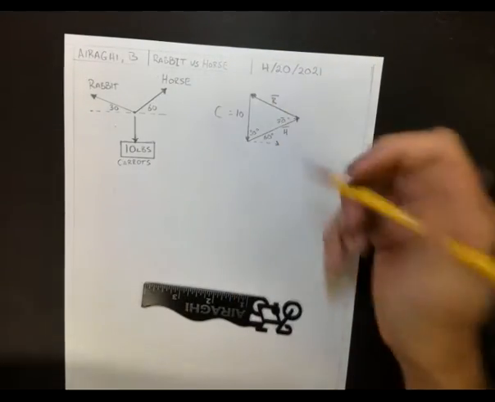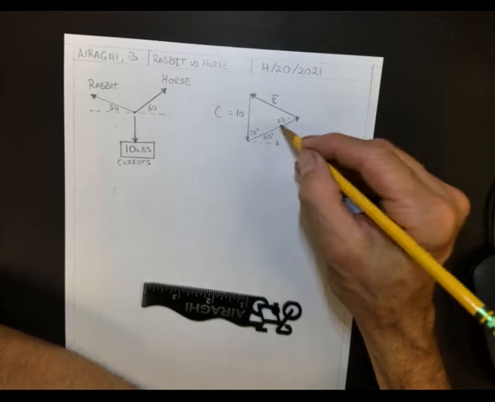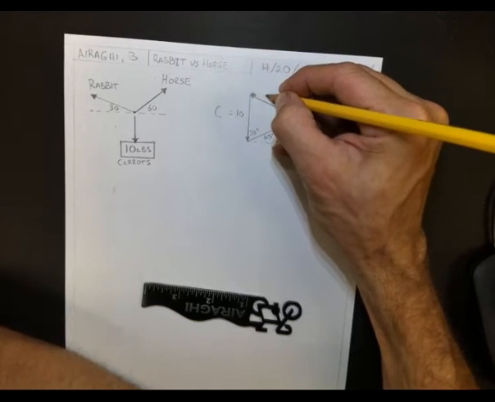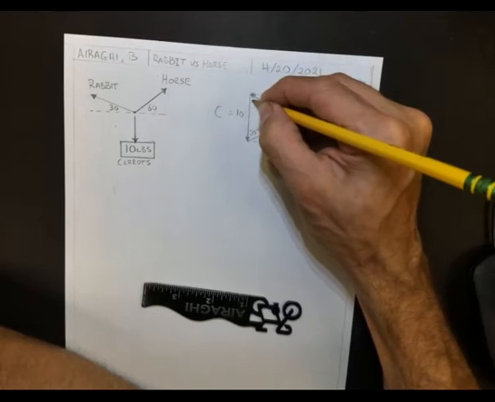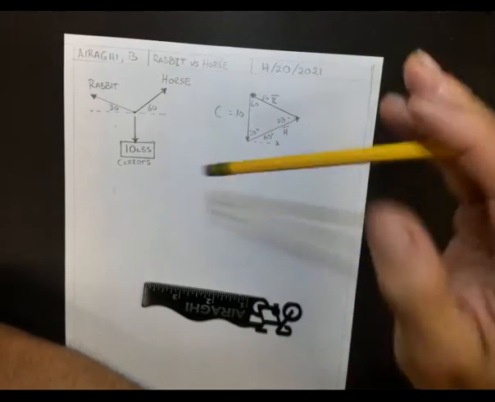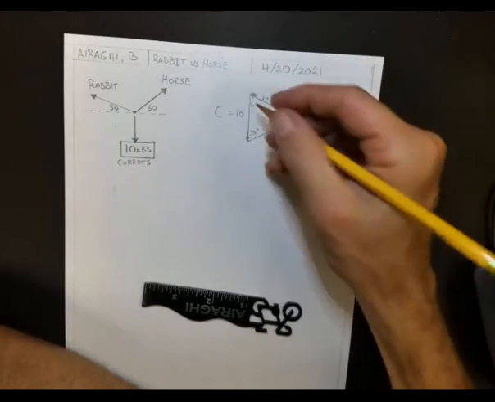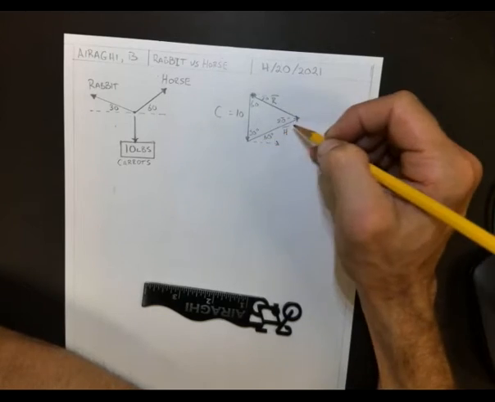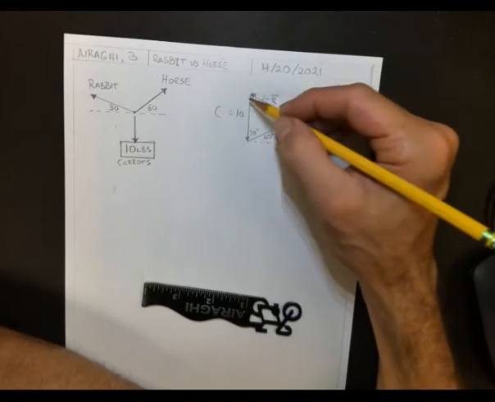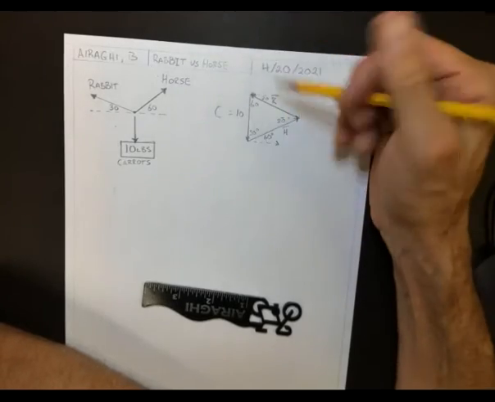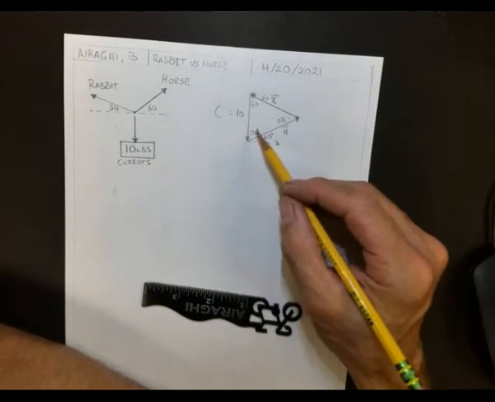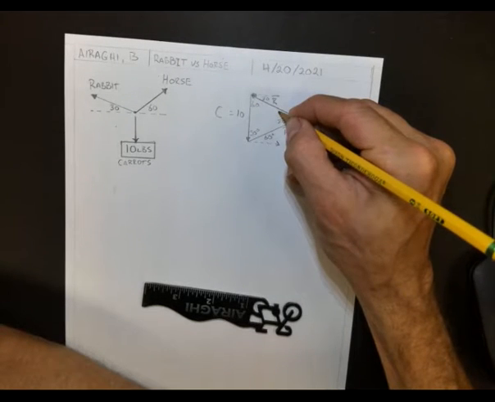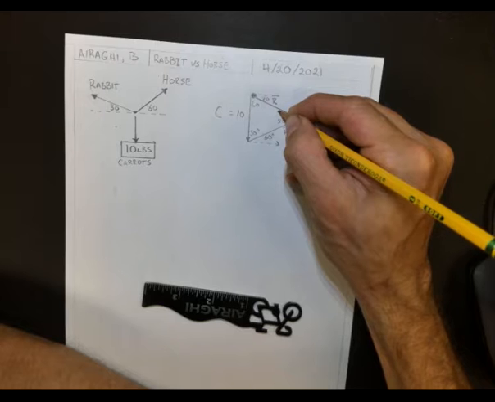If this is 30, I need to make this 30, which makes this 60, and easily this is 30, and we need this to be 180 degrees. Every triangle is 180 degrees. So I've got 30, 60 plus 60 is 120, which leaves this as 60.